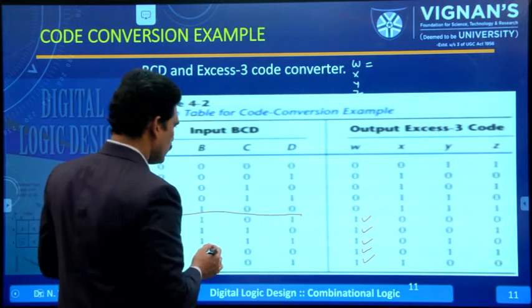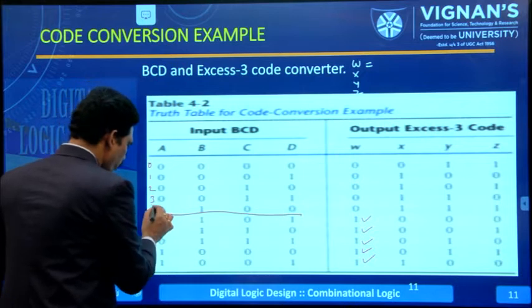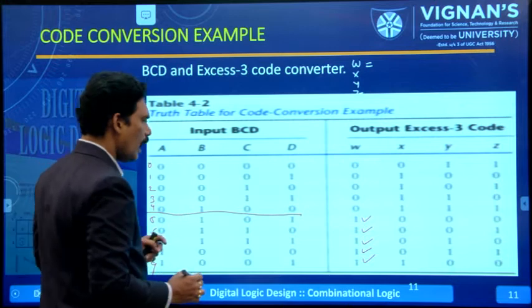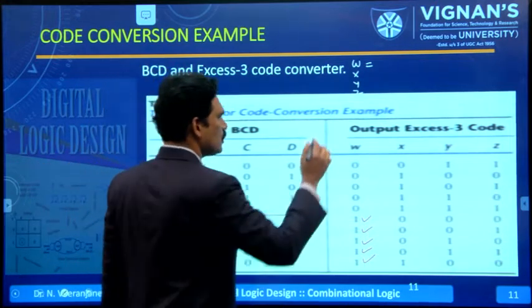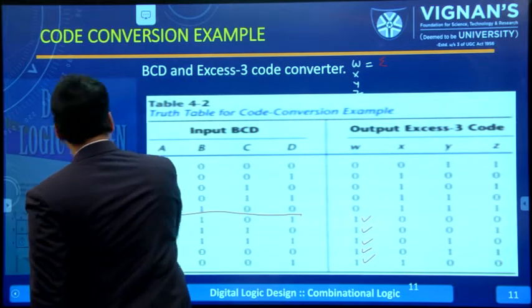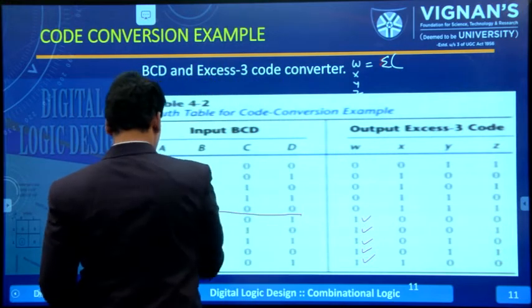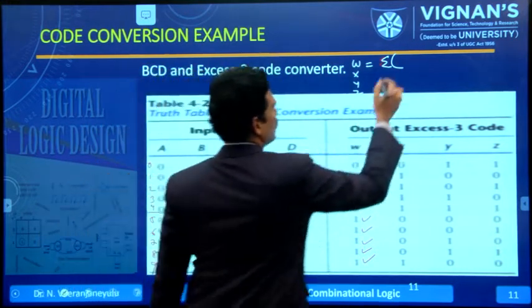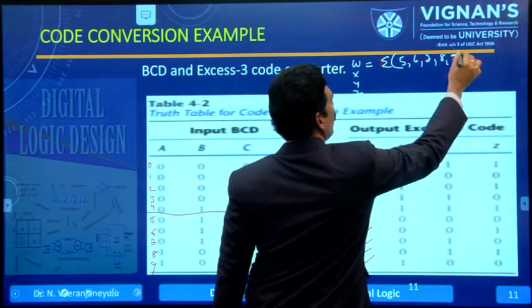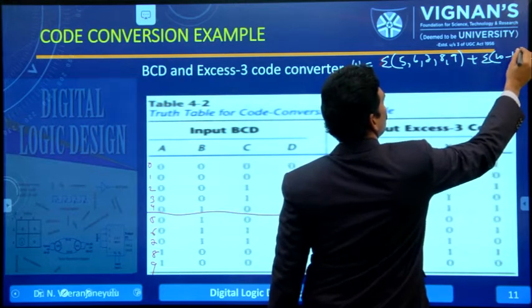You consider 0, 1, 2, 3, 4, 5, 6, 7, 8, 9. W is equal to sigma 5, 6, 7, 8, 9 and all 10 to 15.